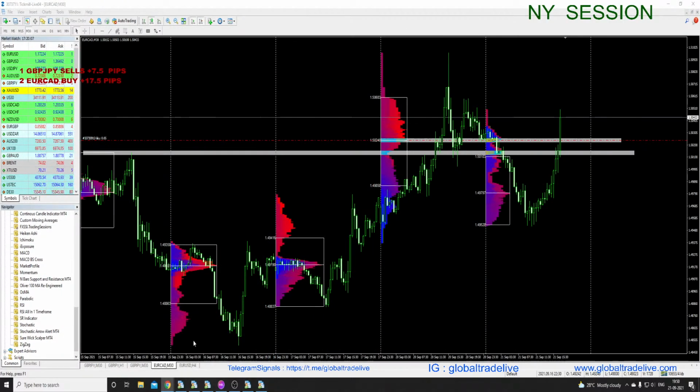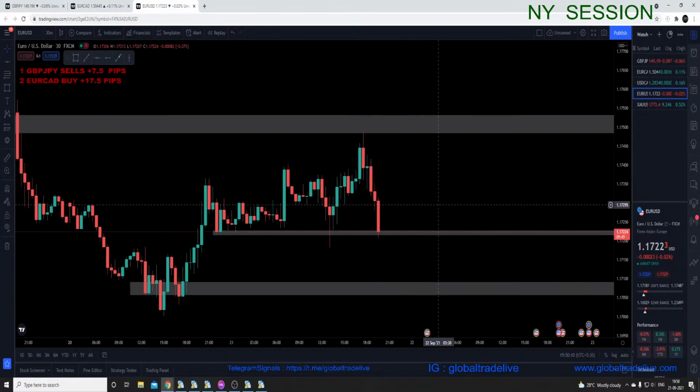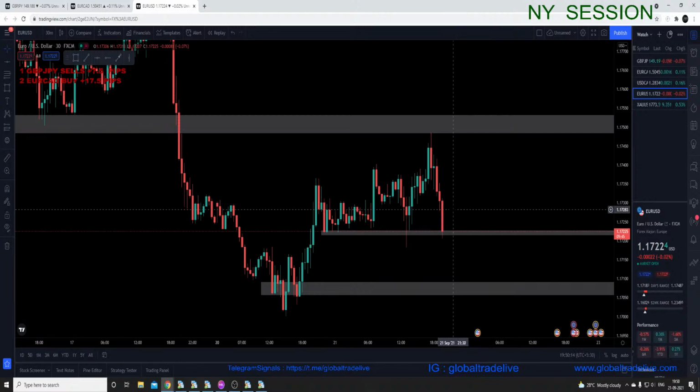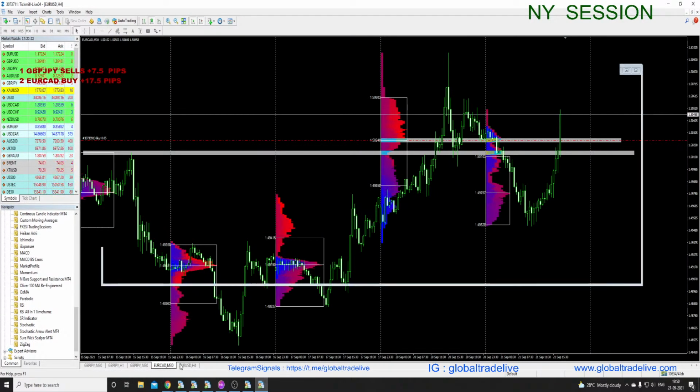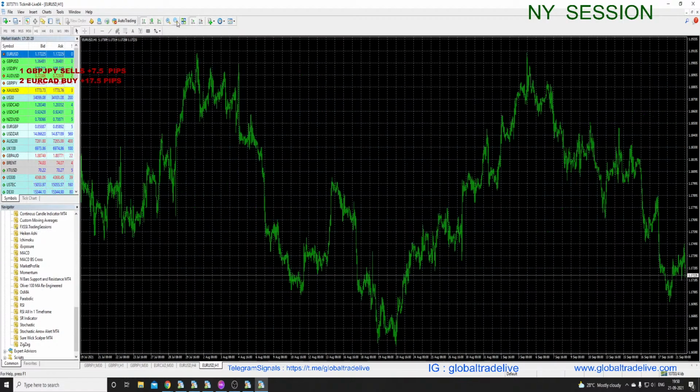Okay, Euro USD also moving down. Let's have a look at Euro USD. Yeah, it's just moving down now. 9 minutes left here in Euro USD. Let's do one thing. Chart window.